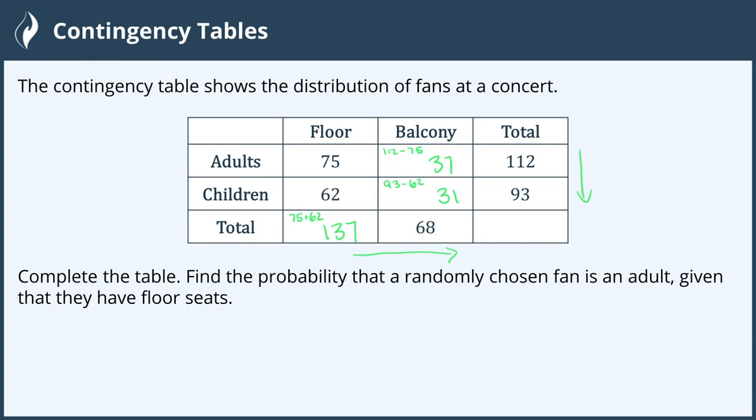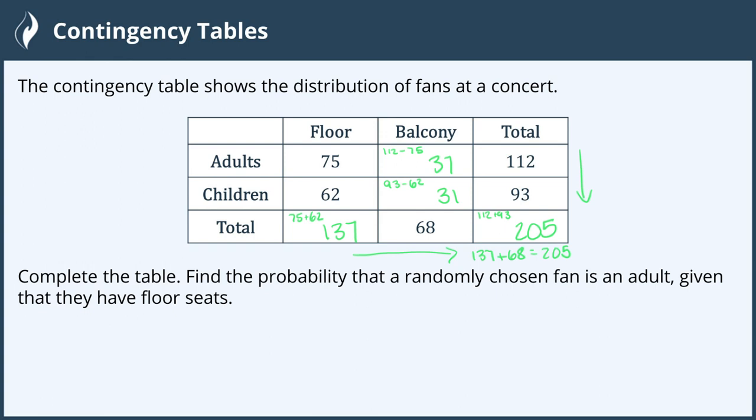If we do vertically, we have 112 plus 93, which is 205. Adding them horizontally, we get 137 plus 68, which also equals 205. That's a nice way to double check that we did all of our arithmetic correctly.